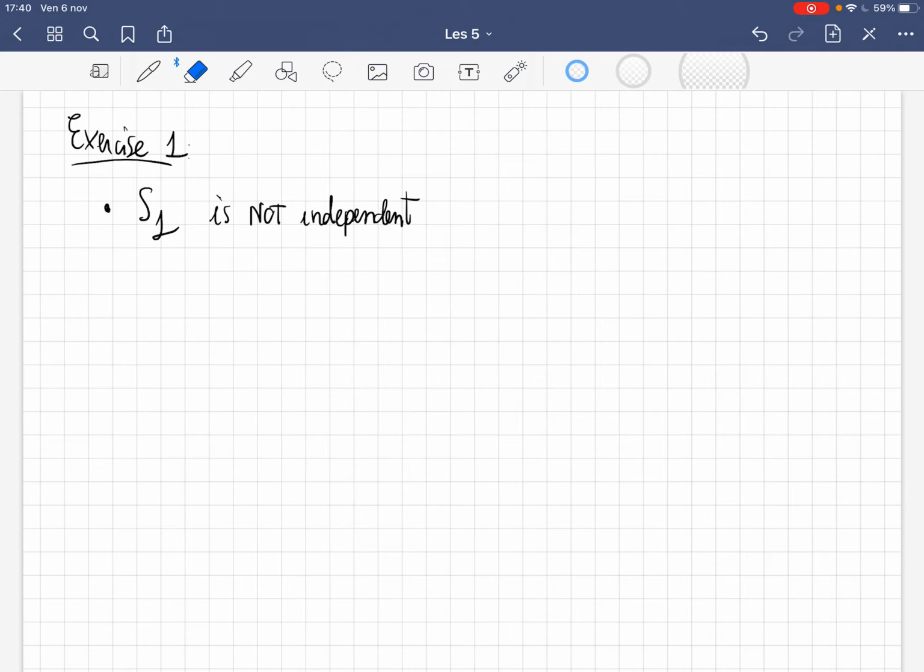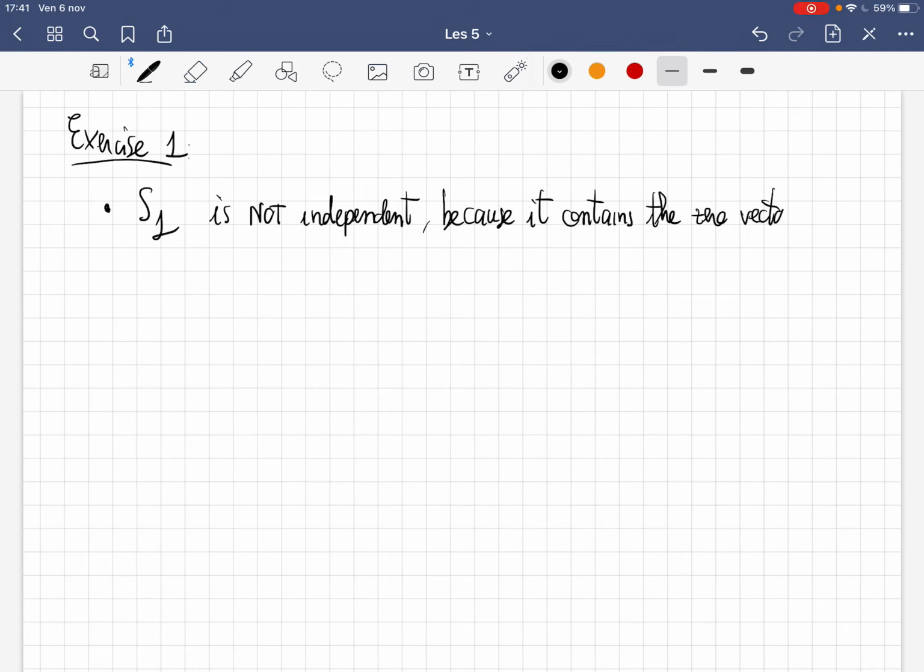Well, let's be careful. It's not independent because it contains the 0 vector. This is perfectly acceptable.